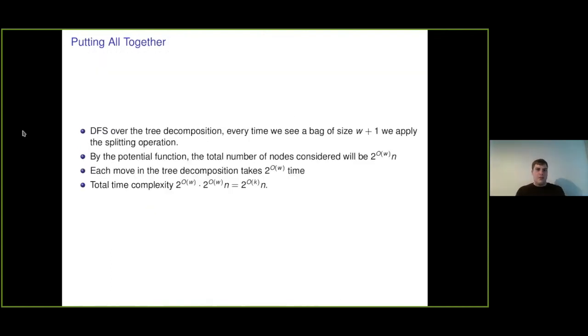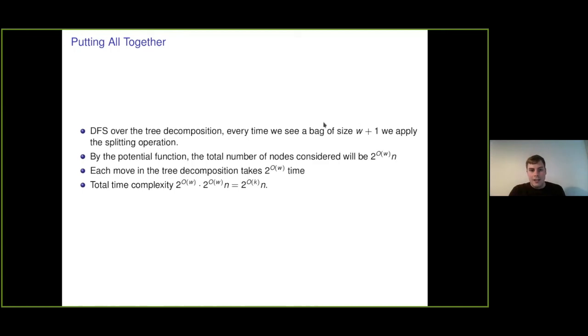Basically, putting everything together, we just DFS over the tree decomposition with these move operations, and every time we see a bag of size w plus 1, where w is the width, we apply the splitting operation and edit the editable bags around it. It needs some argument to say that editing the tree decomposition doesn't mess up this DFS, but it's quite easy to see.